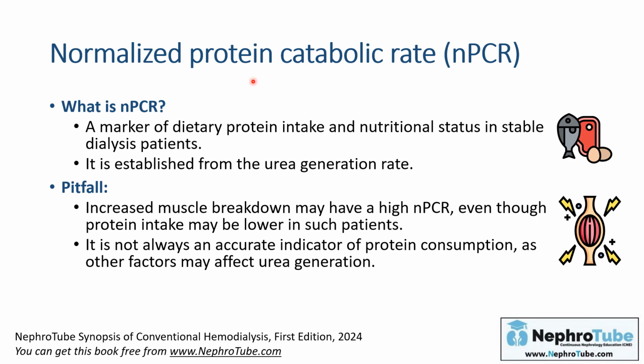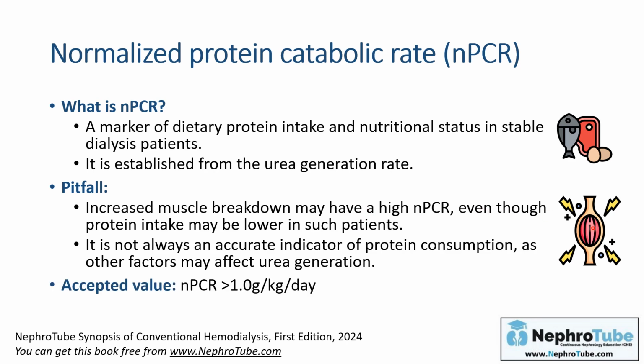So it is not always an accurate indicator of protein consumption, and not always an accurate indicator of the nutritional status, because it can be affected by urea generation, which has many factors affecting it. Also, if there is muscle breakdown for any reason, it will give a high normalized protein catabolic rate, although the patient's protein intake may be lower in this case.